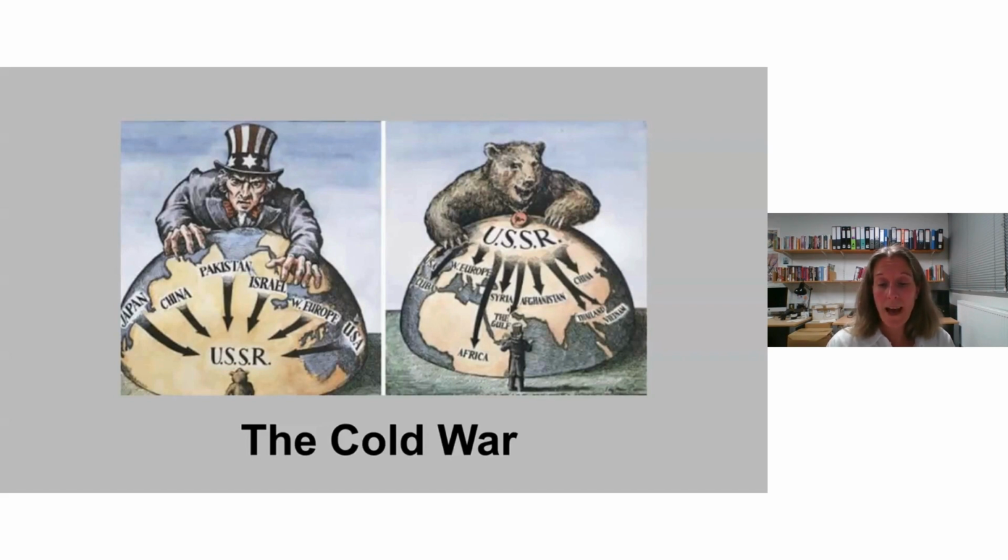Or the US was simply acting in ways which they argued symbolised the best that democracy and capitalism could offer the world.